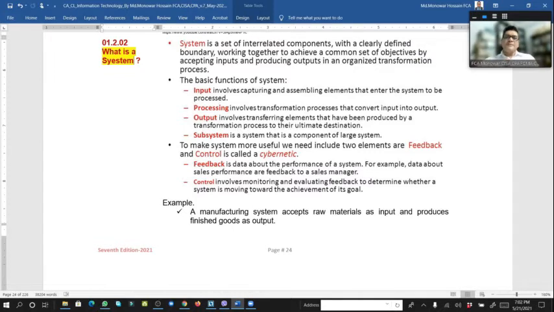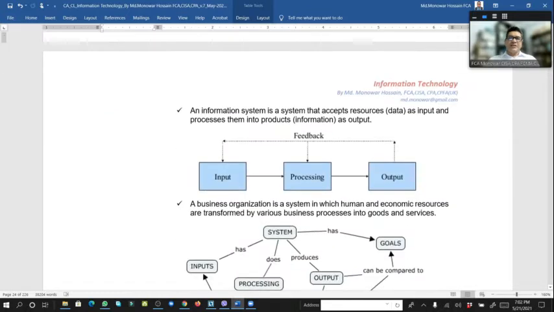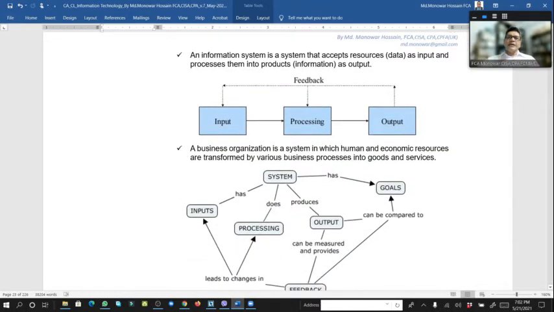So within the system, feedback and control are also required. For example, a manufacturing system accepts raw material as input and produces finished goods as output. Within this, an information system is a system that accepts resources, that means data, not raw material, as input.